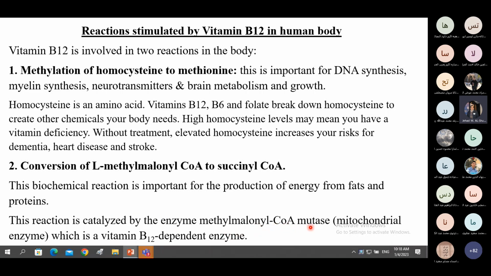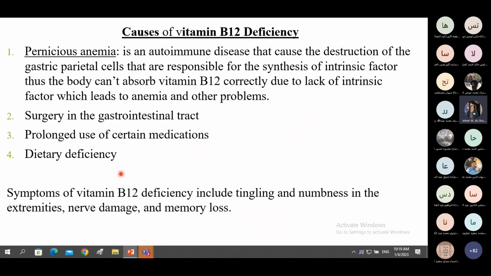Methylmalonyl coenzyme A mutase. This enzyme needs vitamin B12 to function, to convert L-methylmalonyl coenzyme A to succinyl coenzyme A. If there is deficiency in vitamin B12, this reaction will stop. This is where B12 is needed in the reactions in our body.